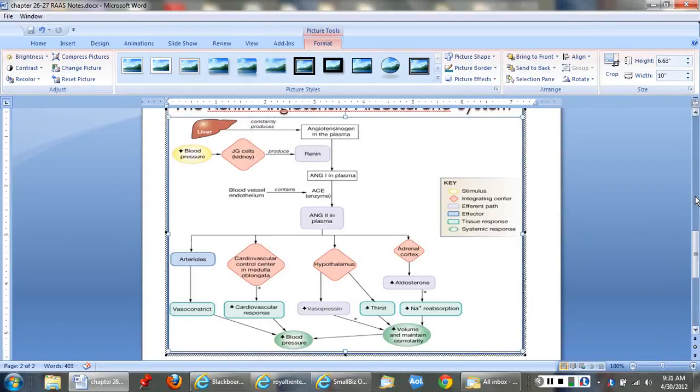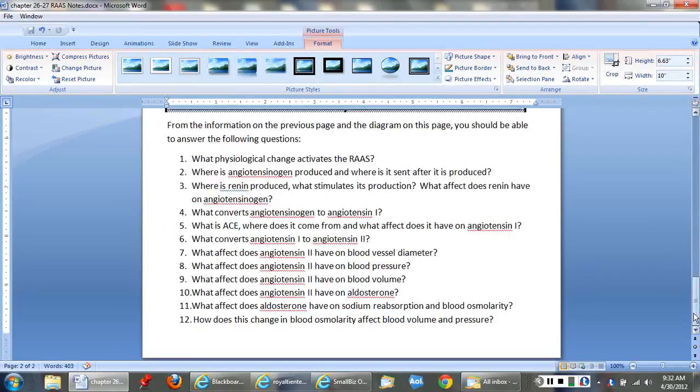So angiotensin converting enzyme, and you all don't really need to know that, it comes from the blood vessel endothelium up there. You can see it there. But I wouldn't ask you that. Just saying if you were paying attention to the chart. Okay, where does it come from? And what effect does it have on angiotensin 1?